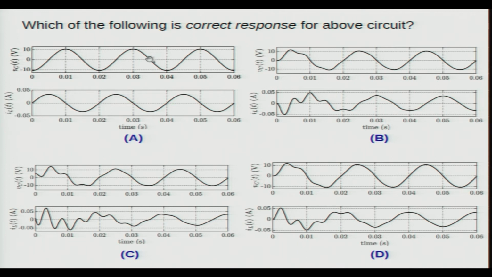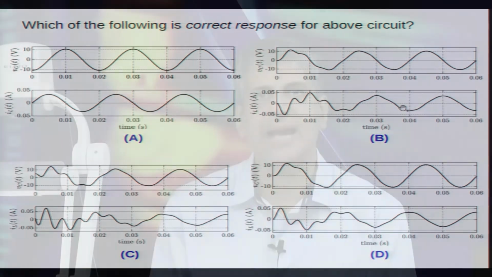So, which are the responses in which the voltage leads the current? Option B, the voltage V leads the current in steady state, after the natural transient dies down. So, this B option has to be eliminated because it really does not give you the correct steady state phase relationship between I and V.